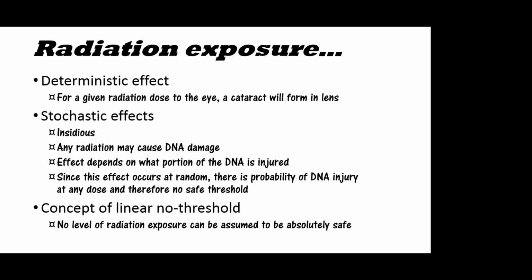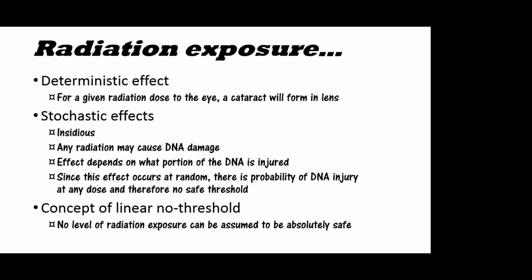One is the deterministic effect, where, for example, if I want to create a cataract in a lens, this much amount of radiation exposure will create a cataract in the lens. That's a deterministic effect. It is unethical to do such testing, so the data have mainly come from the survivors, or the people who died during the Hiroshima Nagasaki bomb exposure.